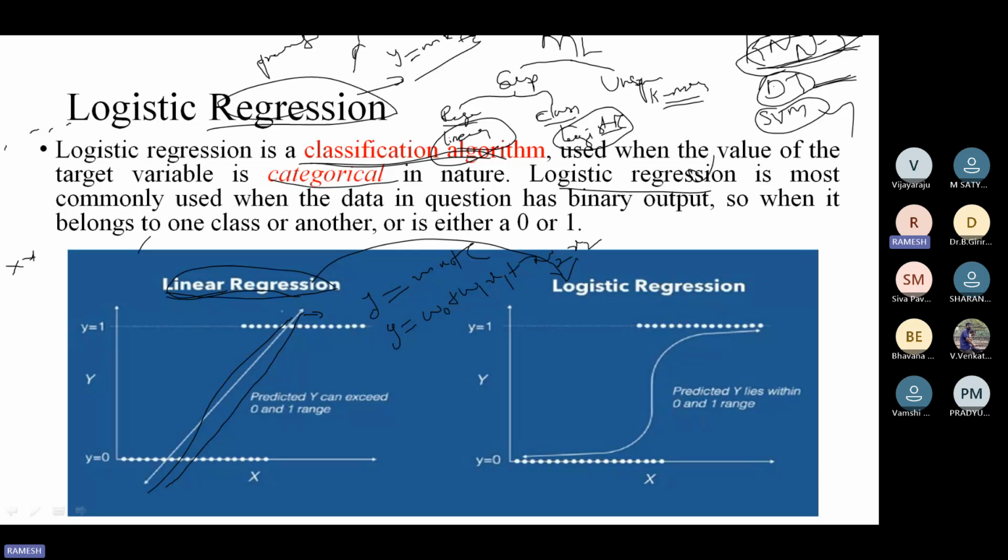So linear regression means directly we are going to take this equation, but in the case of logistic regression, the output values are categorical values like 0 or 1, yes or no. Anyway, we are converting them into categorical values. So output values are categorical values, but when we take this equation, we'll get y values that are continuous values. Understood? Here in logistic regression, y values are categorical values.